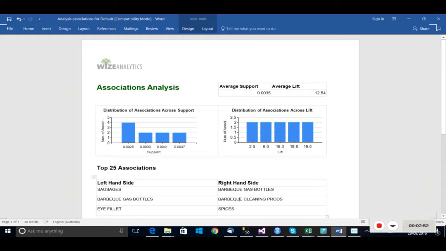What would we like to do with this information? Well, if we want to promote people to buy barbecue gas bottles, we should be talking to people who are buying sausages. If we want to promote certain barbecue cleaning products, we should focus on customers who've been buying barbecue gas bottles.